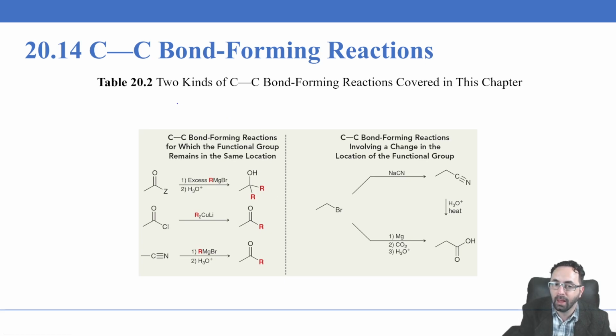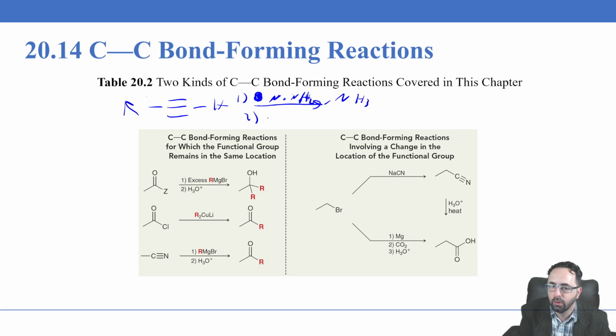Remember, the other one that we had that's not related to this chapter is the deprotonated alkyne. If we take a primary alkyne here, and we react with excess NaNH2 in ammonia as step 1, and then we react with step 2 with some alkyl halide, we can add these carbon atoms on.